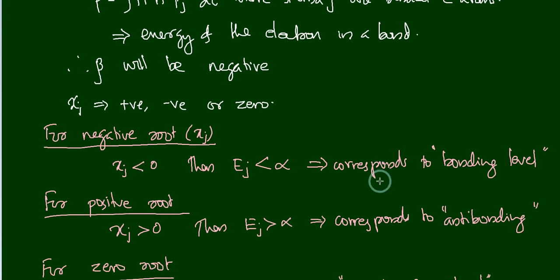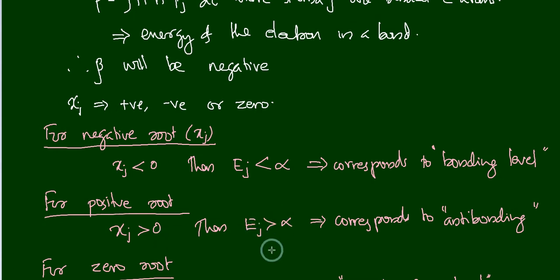If ej is less than alpha, what does it mean? It corresponds to the bonding level. Alpha is the energy corresponding to the electron in the pz atomic orbital, right? If ej is less than that, it corresponds to the bonding level, which means energy is saved. And for a positive root, the reverse will be the case.